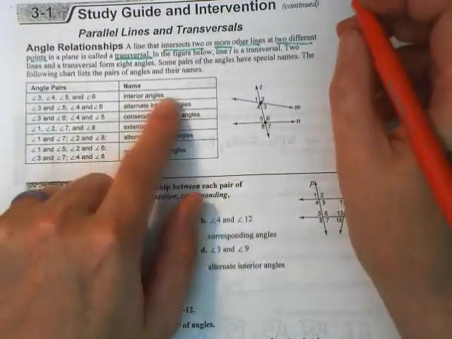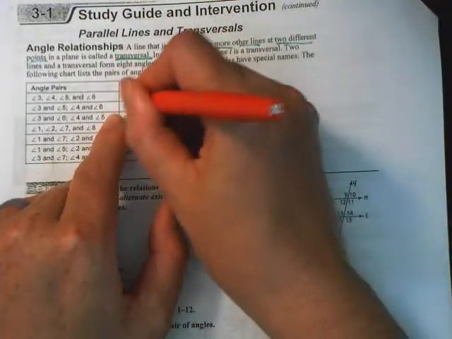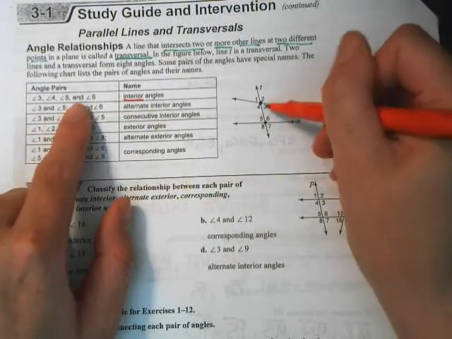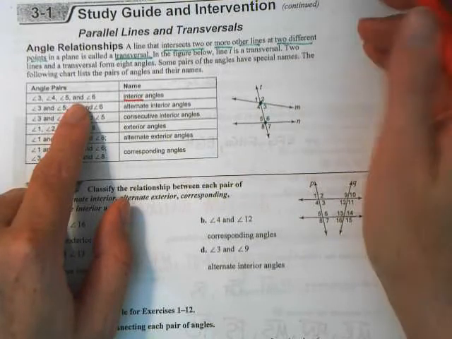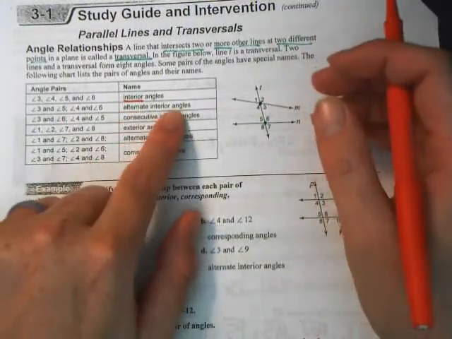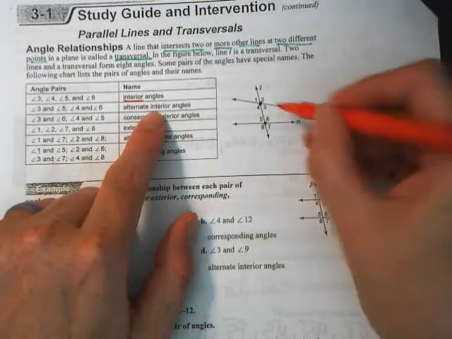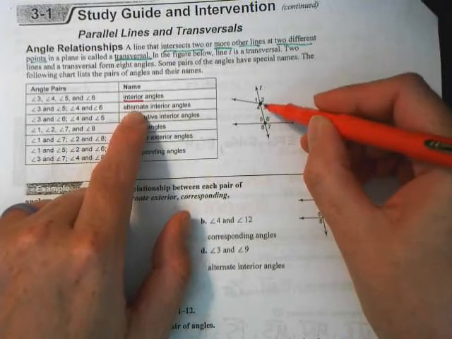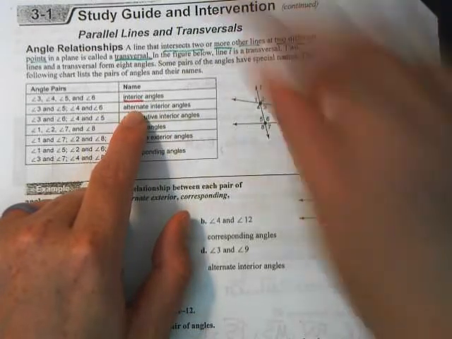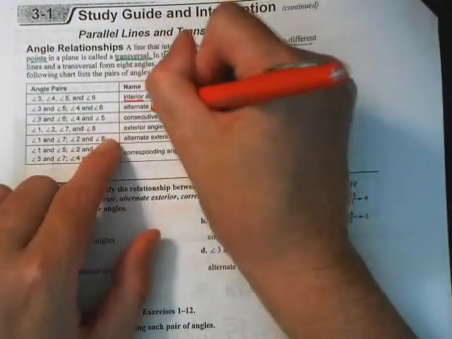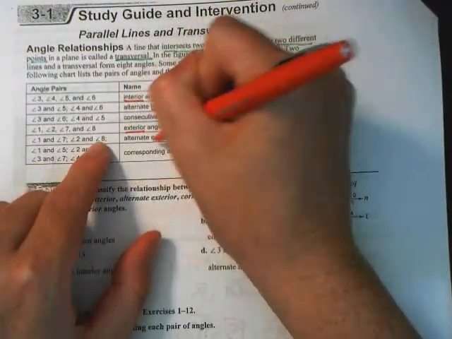Okay, so interior is referring to, again, angles 3, 4, 5, and 6. So interior is referring to the 2 lines. Alternate interior, again, interior is the 2 lines. Alternate is for the transversal. So I'm going to try to highlight interior, interior, interior, exterior, exterior.